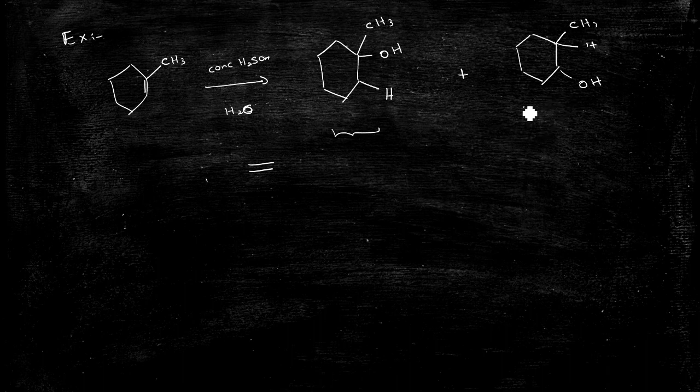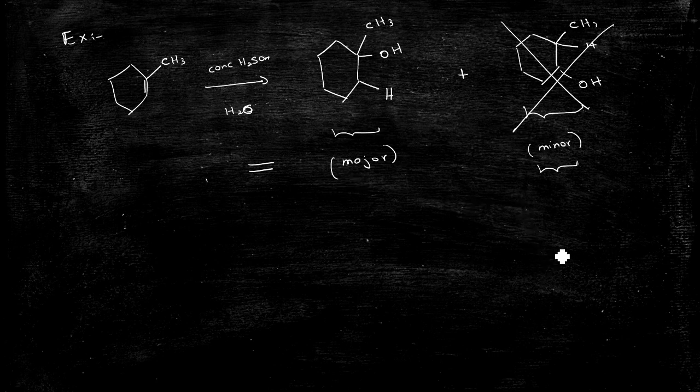Yes, this is the minor product, but it doesn't form in a considerable amount in practical terms, so we consider this the only product because there is only a very small amount of the minor product. So this is our major. I hope you get the idea about the hydration of alkenes.